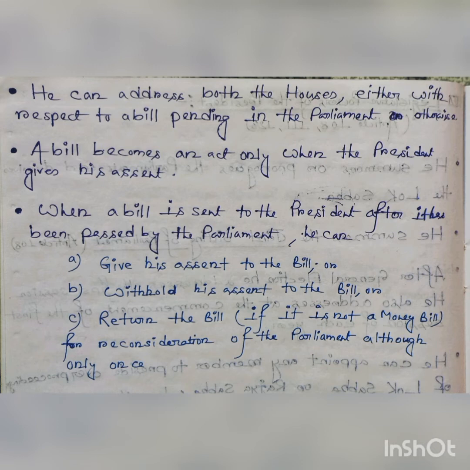Next point, when a bill is sent to the President after it has been passed by both Houses of the Parliament, he can, number 1, give his assent to the bill, or number 2, withhold his assent to the bill, or number 3, return the bill, if it is not a money bill, for reconsideration of the Parliament, although only once.